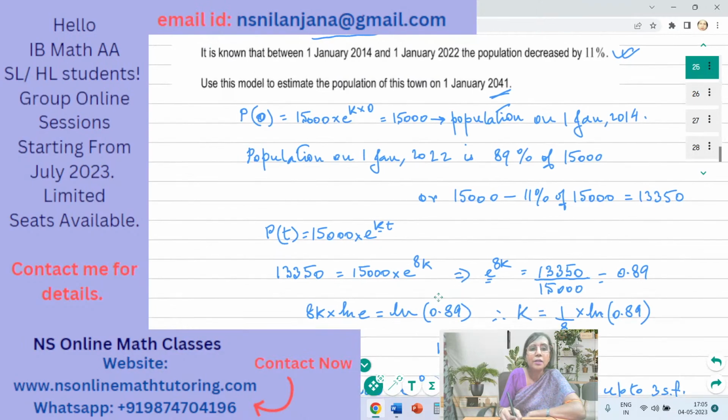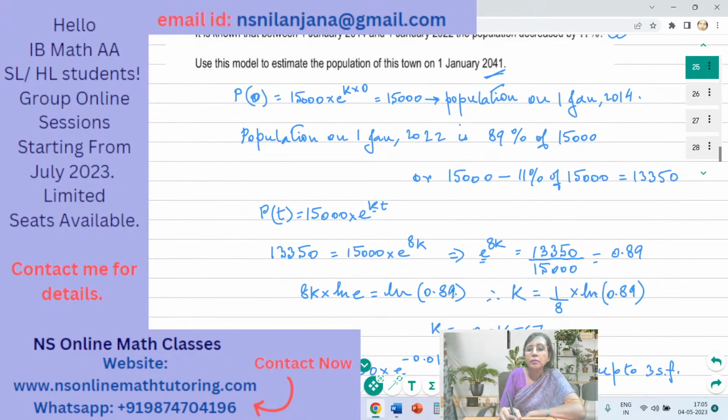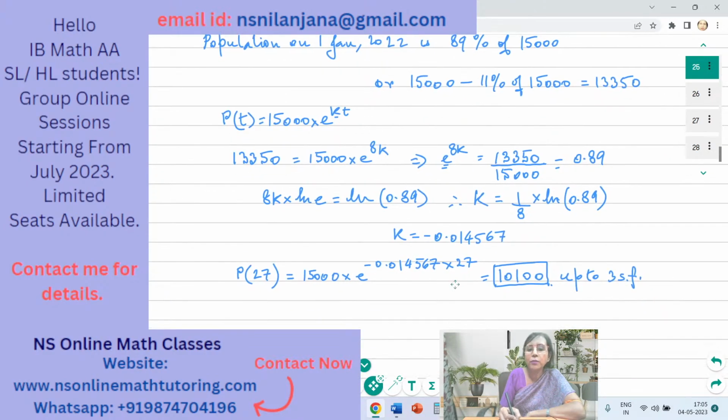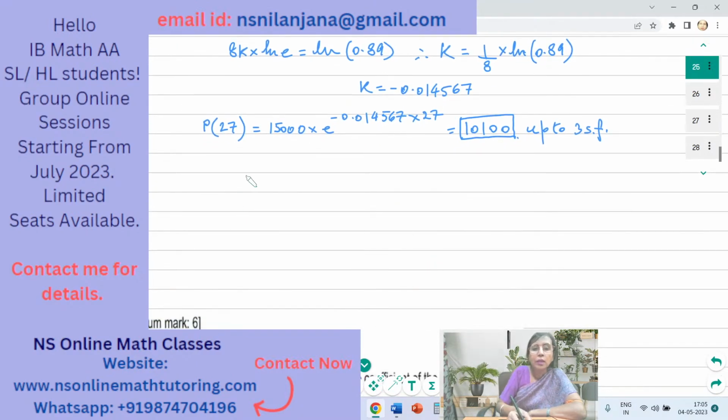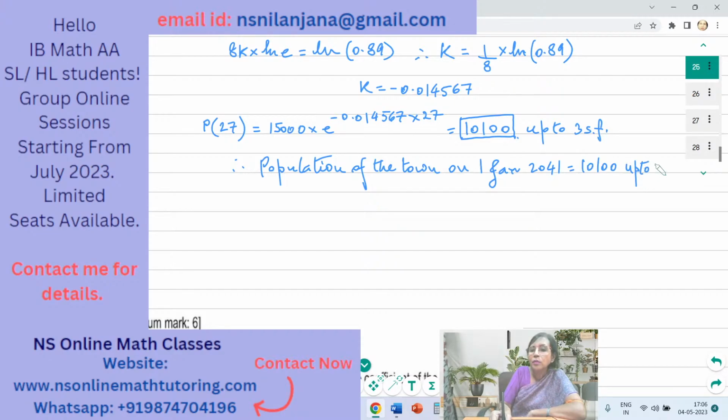Therefore, the population of the town on 1st January 2041 is equal to 10100 up to 3 significant figures.